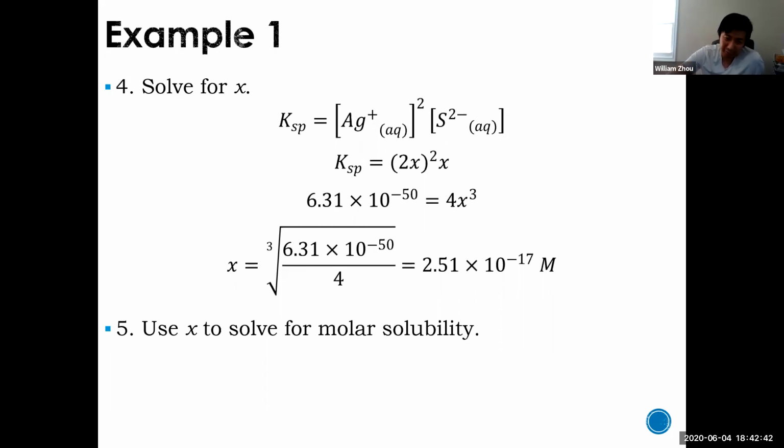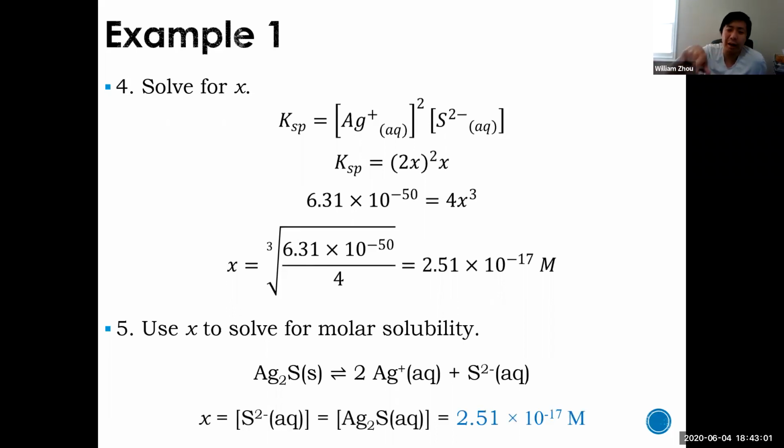So that's x. What is x? x is the change. You can use x to solve for molar solubility. Here's your balanced equation. x is the change, but that is also the sulfide ion, because that's literally x. Since sulfide and silver sulfide are in a 1-to-1 ratio, they should have the same x.